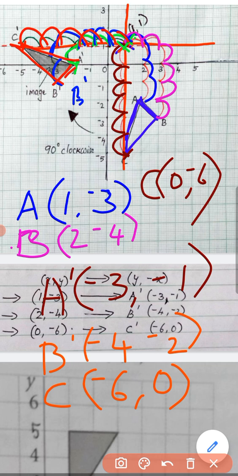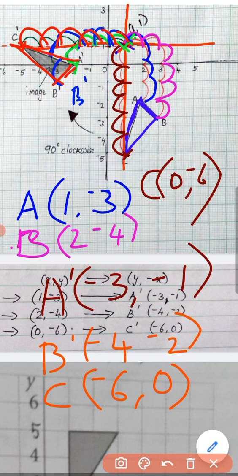Okay. So children, here the center of rotation is not the origin. So we can't apply the rule x, y becomes y, -x. Okay. So first we have to follow certain steps, that is, take the center of rotation as 1, 1.